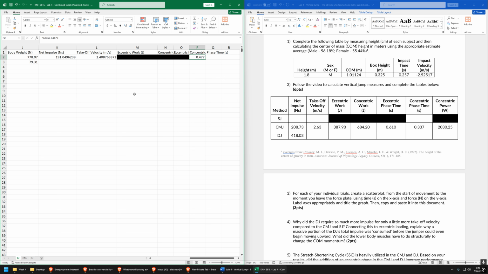So it's a little bit longer than both the countermovement jump and drop jump. And it produced less takeoff velocity and less impulse. So when we took out that stretch shortening cycle from the countermovement and from the drop jump, we produced less net impulse overall.